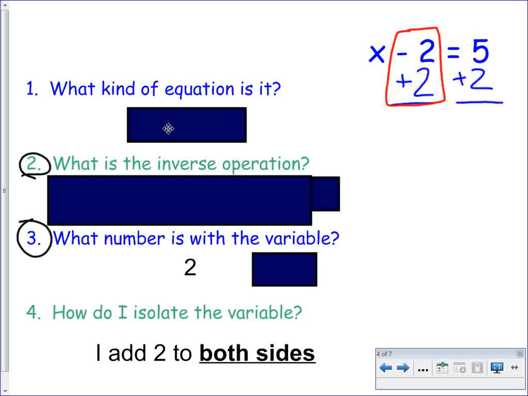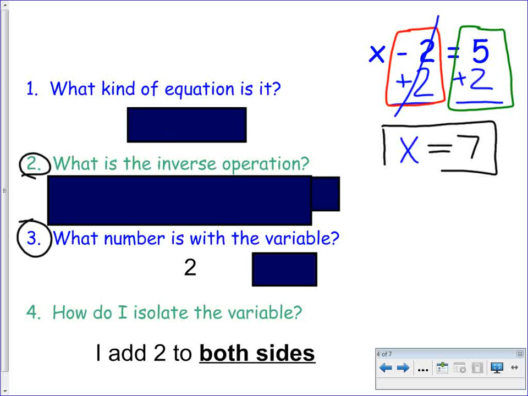We're going to squeeze that with the 2, so that makes it negative. So we know that negative 2 plus 2 is just 0. So that cancels out, and the only thing we're left with on the left side is x. Now, we have to do this other operation, 5 plus 2. We know that 5 plus 2 is 7. So our answer is x equals 7.